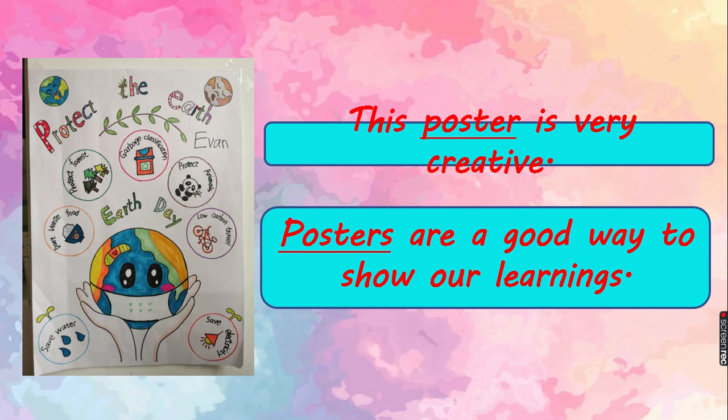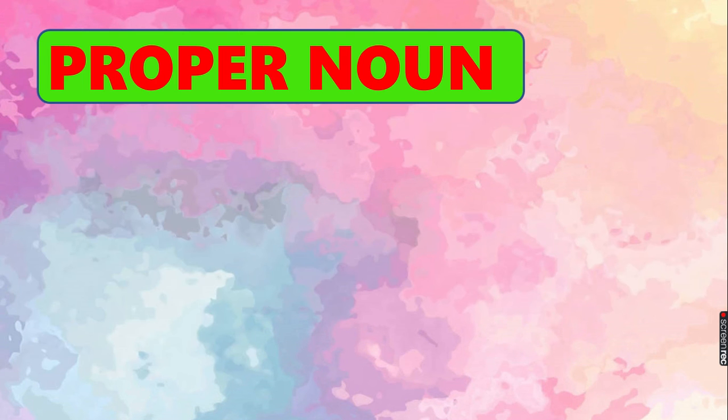Because we always begin our sentence with capital letters, that's the time that common nouns can have a capital letter at the beginning, like in this word posters. But if it's not at the beginning of the sentence, then we can just put it here, poster, with a small letter p. Now let's move on to the next one.